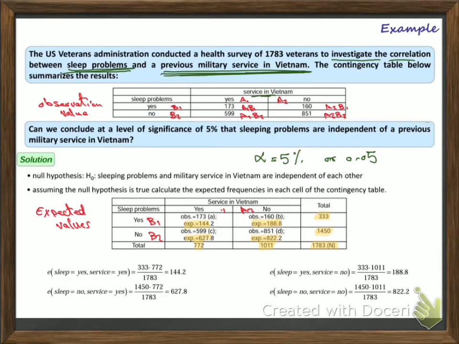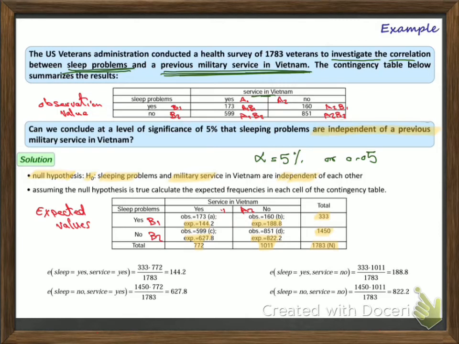So in the solution here, the null hypothesis, H naught, we will assume, is our assumption which we believe is true. Okay, so sleeping problem and the military service in Vietnam, they are independent. The same thing which we have here. So if we accept this hypothesis, this means that there is no relation between them.